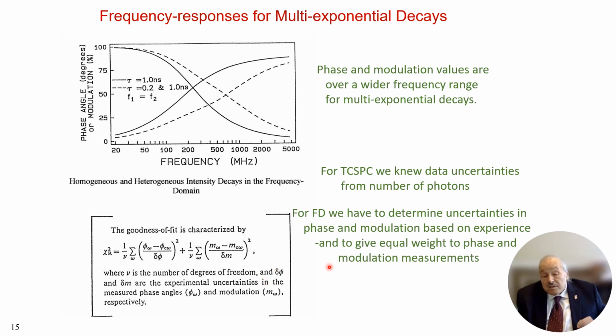In contrast to photon counting, we do not have an exact expression for this, like the number of counts. It's something we determine by experimentation and experience, and we adjust these so we give equal weight to the phase measurements and to the modulation measurements.